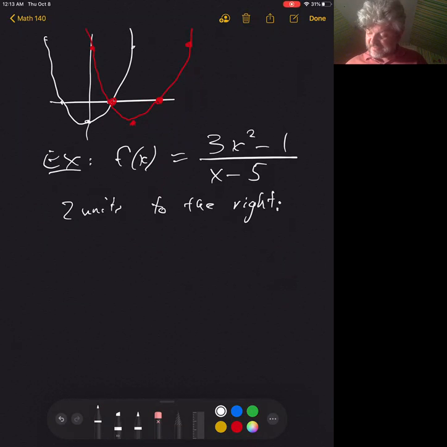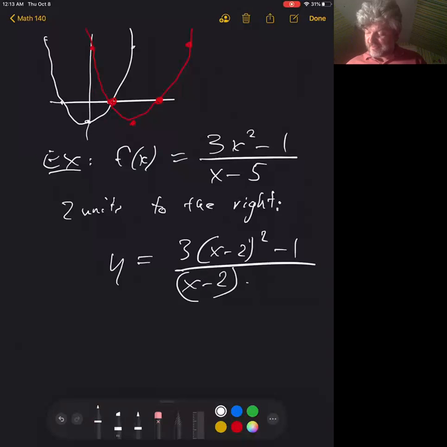So it gets me to y equal to 3 times x minus 2 quantity squared minus 1 divided by x minus 2 minus 5. Just go with the formula and replace your x in there.